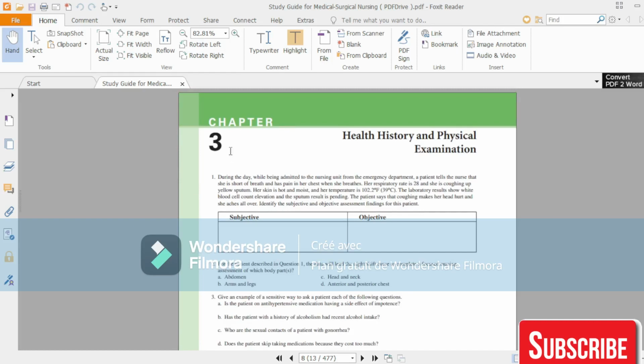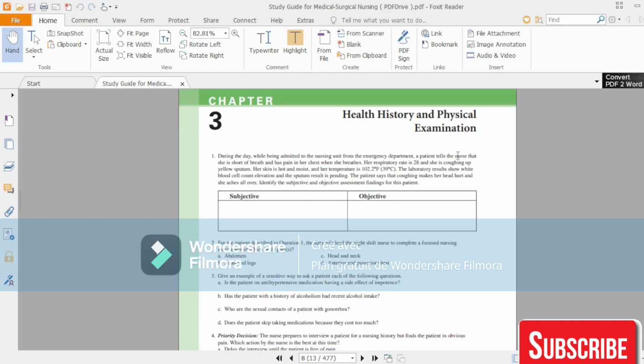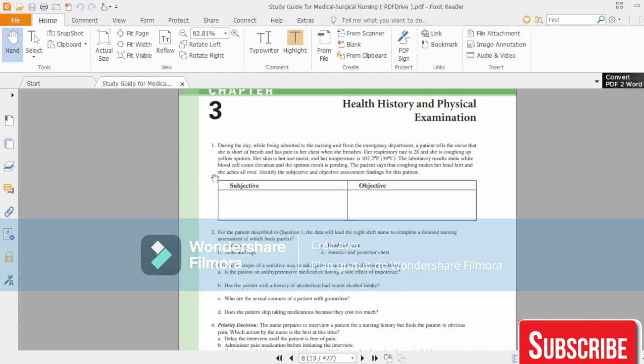We are now in the third chapter, which is health history and physical examination. So beginning with the first question: during the day while being admitted to the nursing unit from the emergency department, the patient tells the nurse that she is short of breath and has pain in her chest when she breathes.